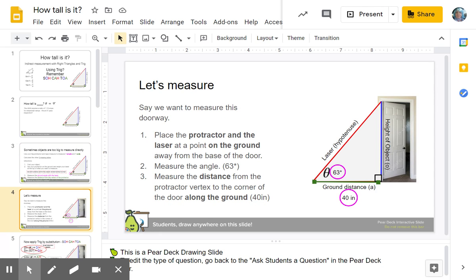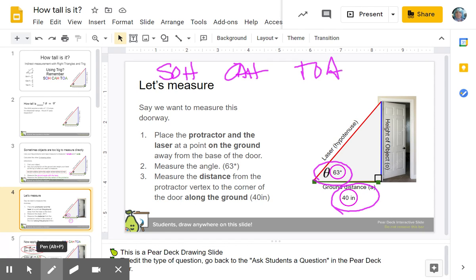So if I give you an angle, you've got an angle and you've got a side, we do something a little bit differently. We still have that SOH CAH TOA, right? I've got an adjacent side, so I can use tangent. I've got an adjacent side, so I can use cosine.